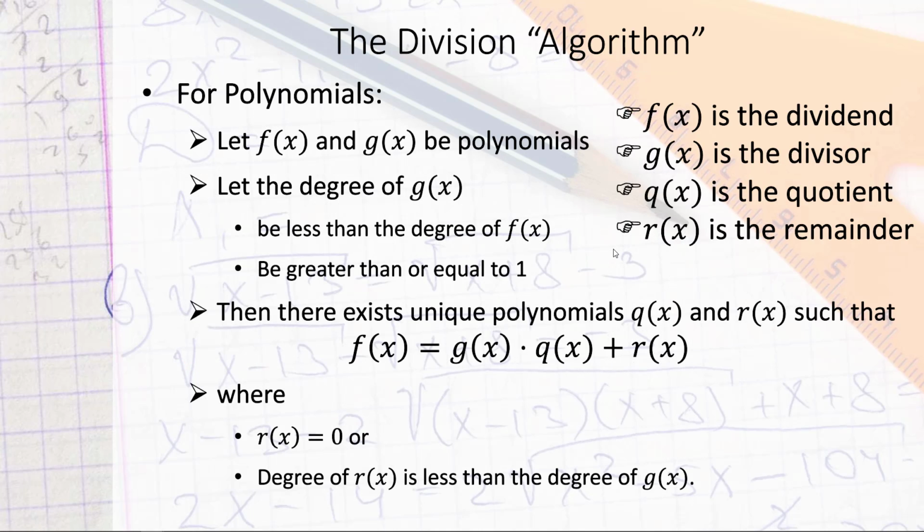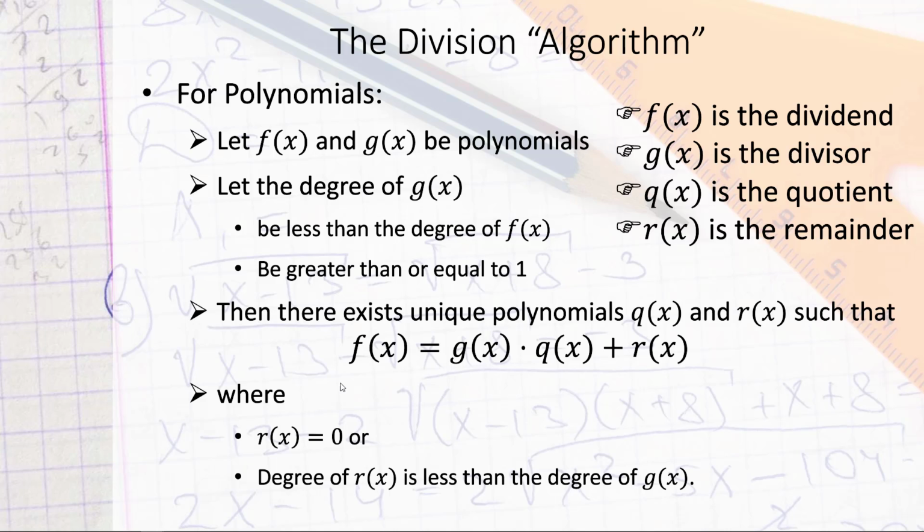Okay, well, it turns out that the division algorithm can be applied to polynomials, just like this. Here we are going to let f and g be polynomials. We are going to make sure that the degree of g is less than the degree of f, but is still greater than or equal to 1, which means there is an x involved somewhere.